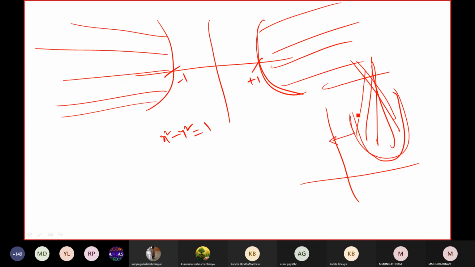It is not bounded by a fixed radius, so this is unbounded.